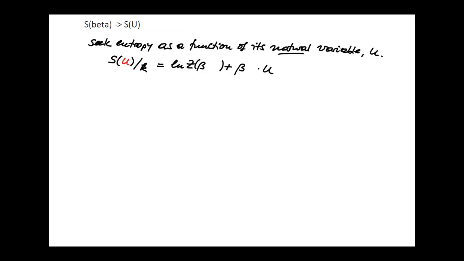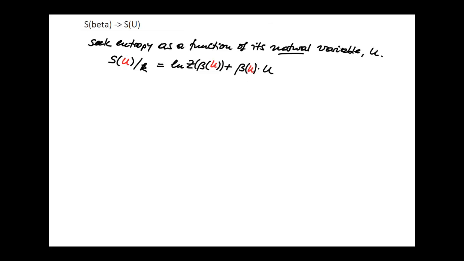If we can invert this equation and solve for beta as a function of U, then we can express all the betas that appear on the right-hand side as functions of U. If we succeed, then on the right-hand side we have the log of the partition function as a function of U, plus beta as a function of U times U. So on the right-hand side, we have a function of U, and this is then the entropy as a function of U. This is the basic idea.